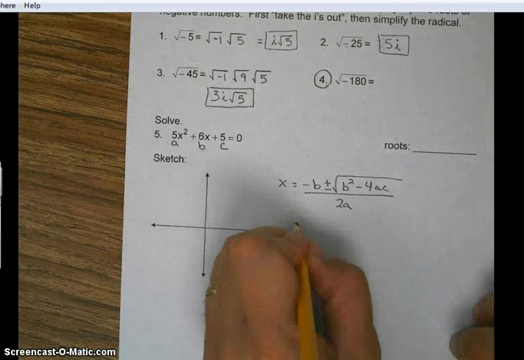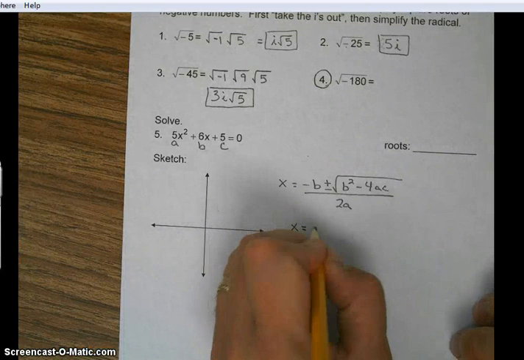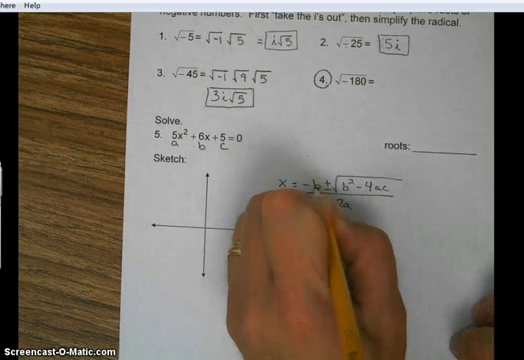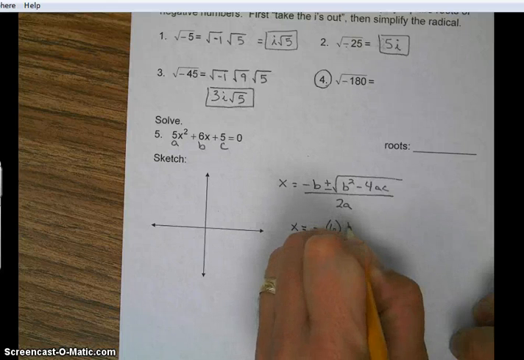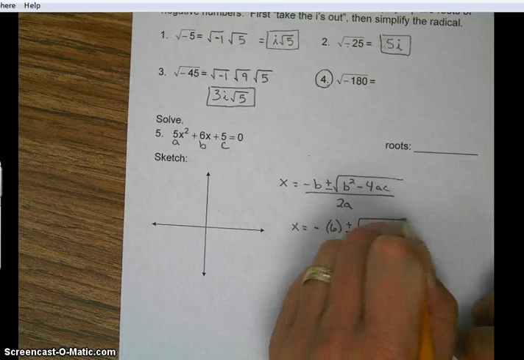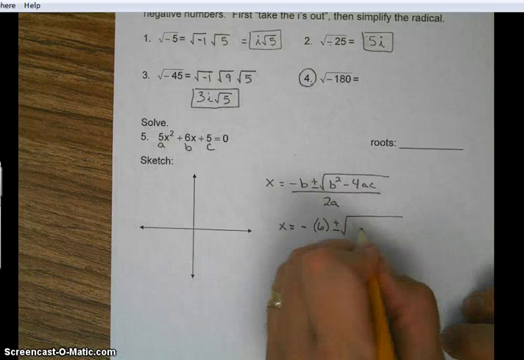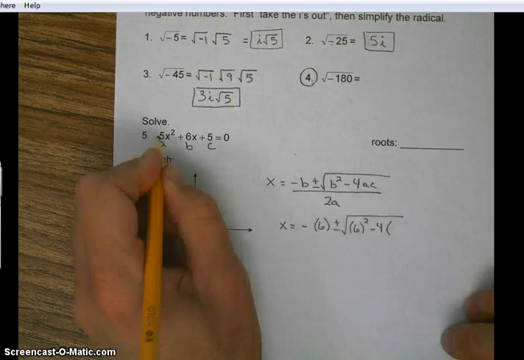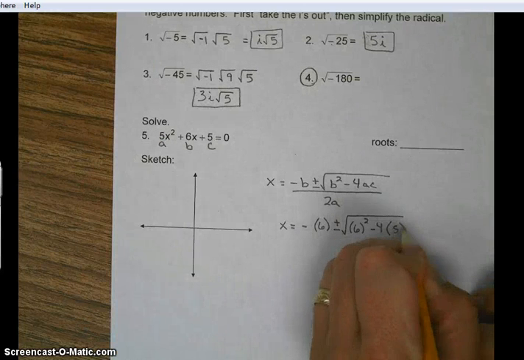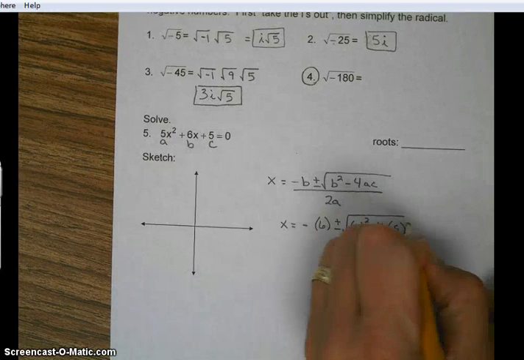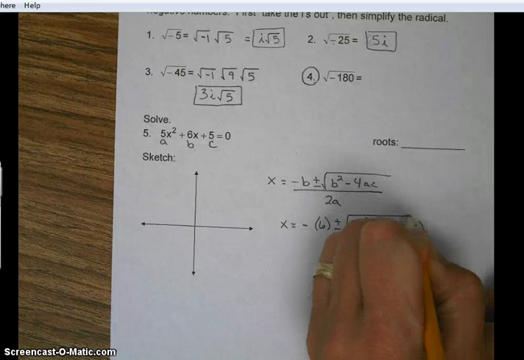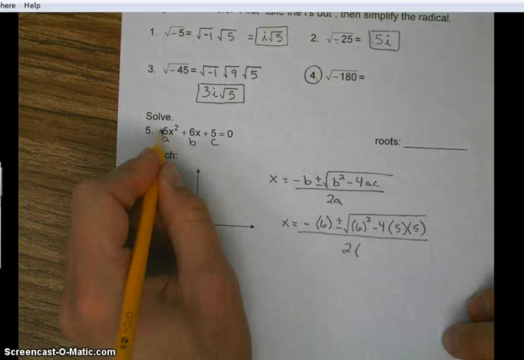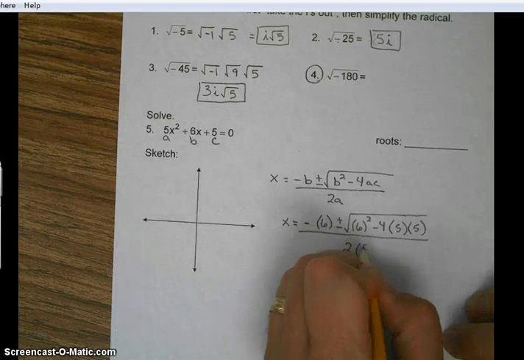So plugging the numbers in, so negative, and then plugging in the 6 for b. The 5 goes in for a, and the other 5 goes in for c. And then the 5 goes in for a.